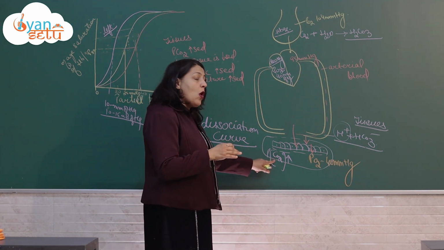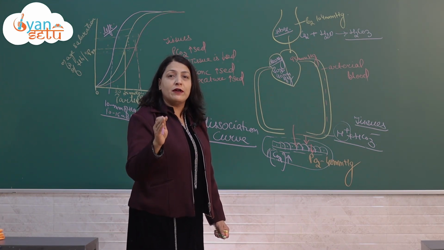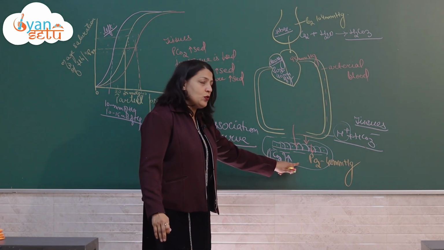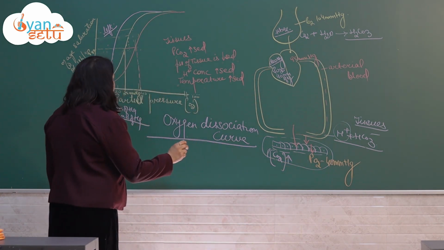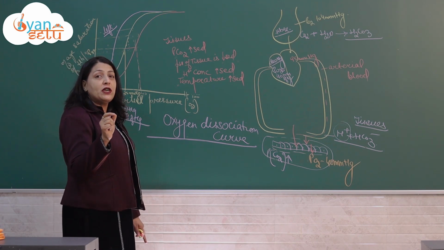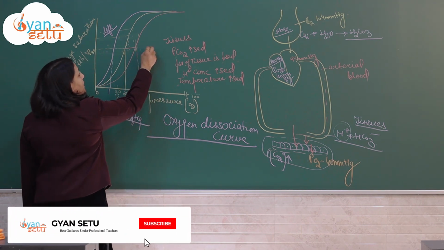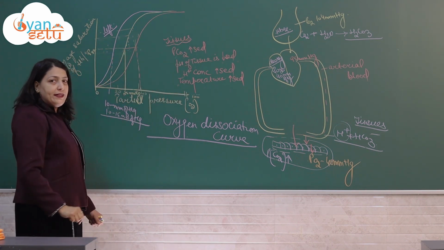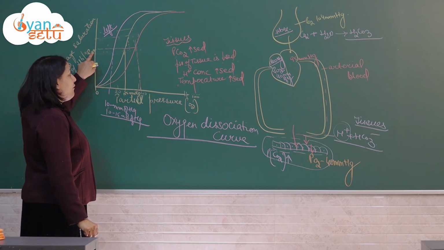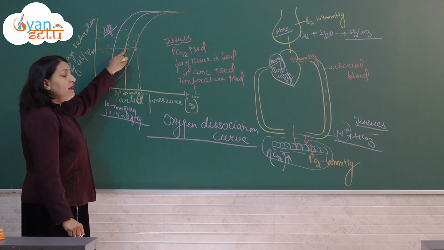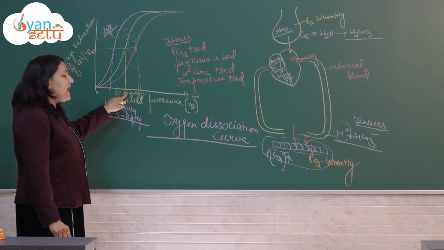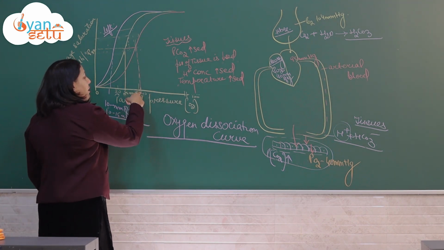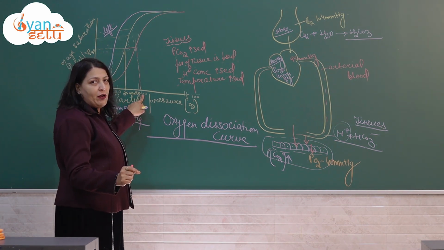So that means oxygen will have to leave the hemoglobin and it readily diffused into the tissues. In that case, if we will measure our curve in the tissues, our curve will shift towards the right side. The same P50 value which in the normal curve was achieving at 25 millimeter of mercury, now that will be achieved at 40 millimeter of mercury.